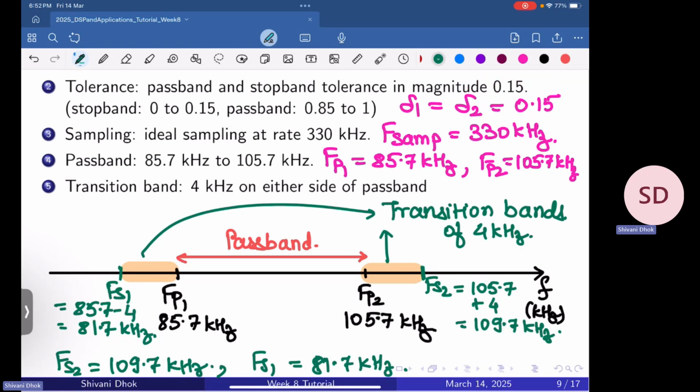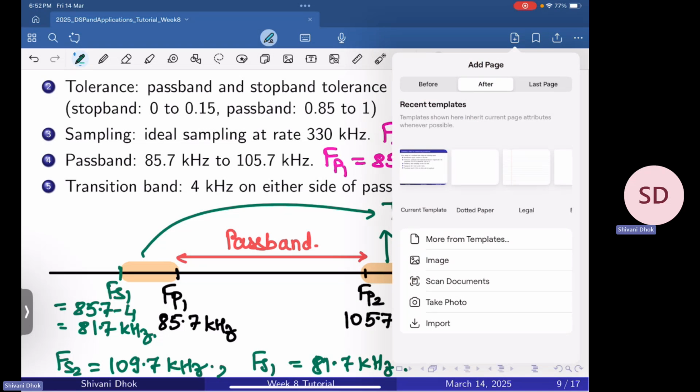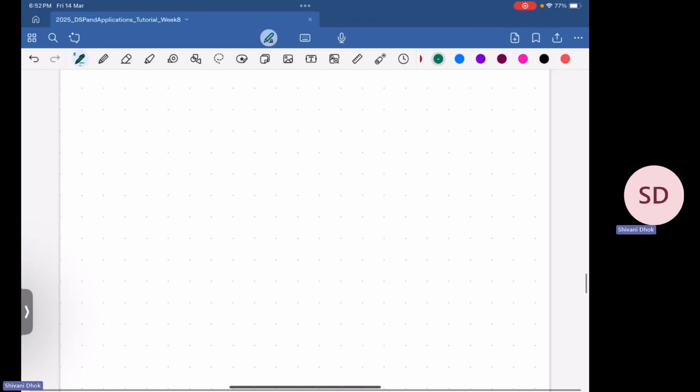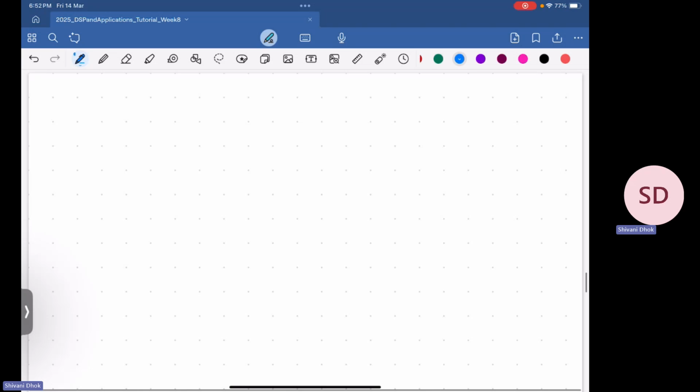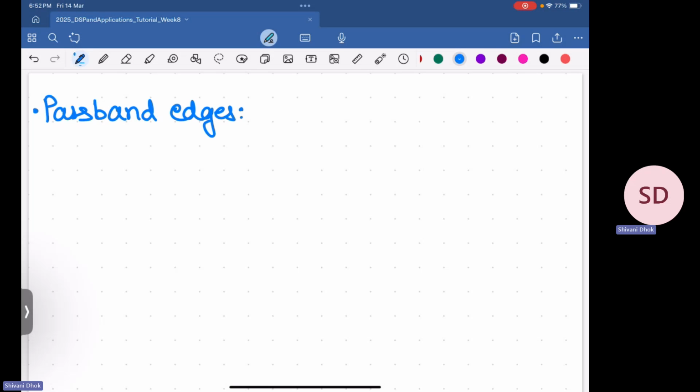Now we will write this in the language that we understand. What is given to us is the passband edges. The first passband edge is 85.7 kilohertz.